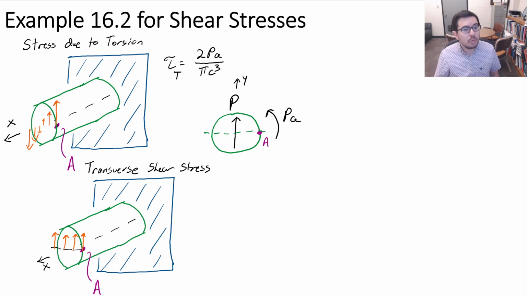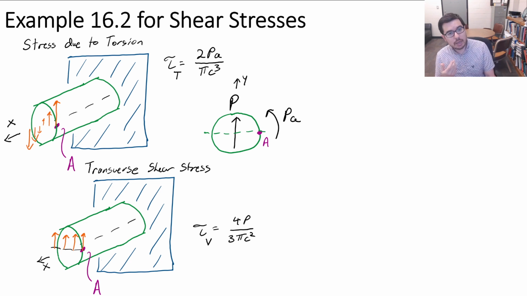So what do we do with these two shear stresses? It can be a little bit complicated to plot shear stresses on an element. Okay, so let's do it kind of what you might consider to be a little bit backwards, but safe.